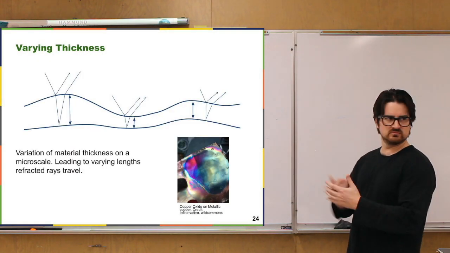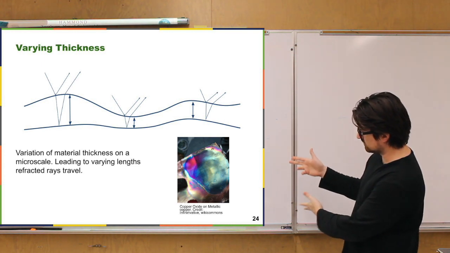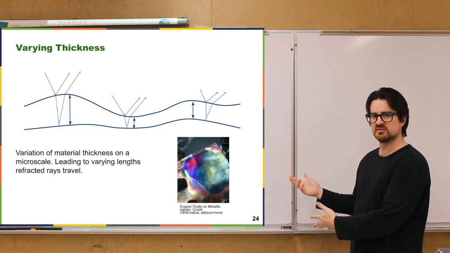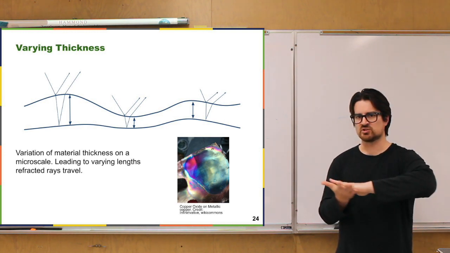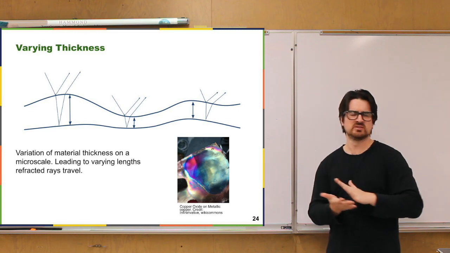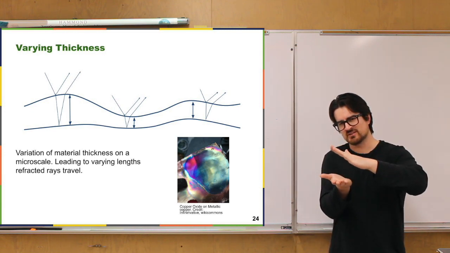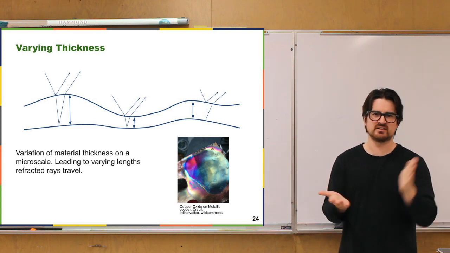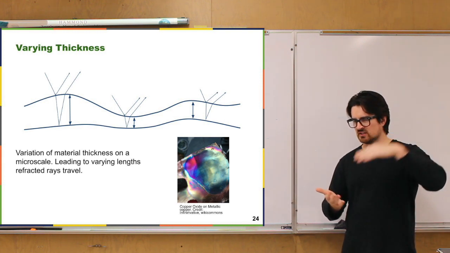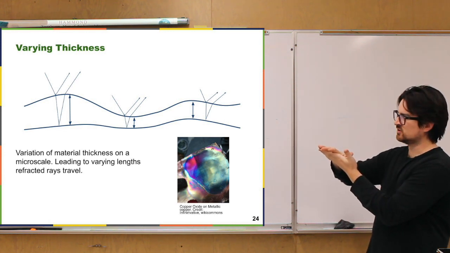Cool, so now you can understand a little bit more, hopefully, why you see these crazy color patterns. Most of those pictures and diagrams I was showing you are very uniform, very flat, even thicknesses, maybe a gradually increasing thickness. Nature's not like that, right? Nature is usually very uneven, with varying thicknesses of a thin film.